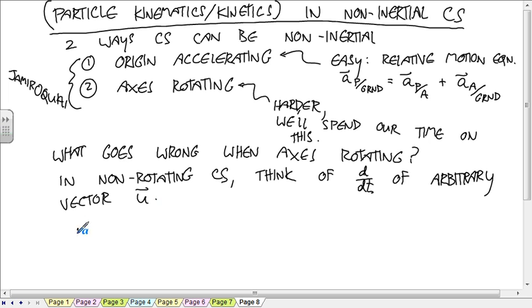So u dot is, how do you calculate that? If the vector u is made up of ux, uy, uz, then the time derivative is just the time derivatives of the components.